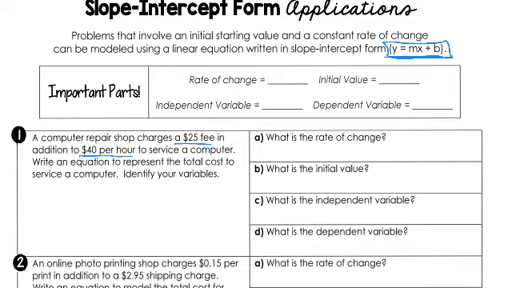Like, they have to make a certain base amount of money. So oftentimes they'll charge a base fee and then they charge per hour on top of that fee. So our starting amount is plus 25. And then to that, 40 times x, where x is the number of hours of service.